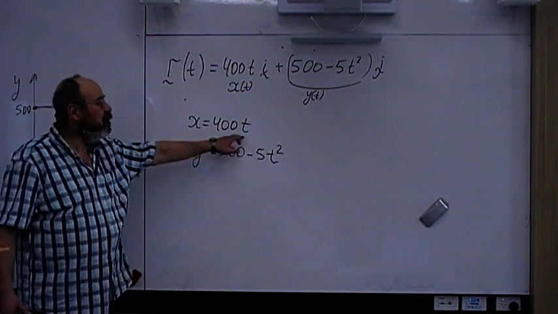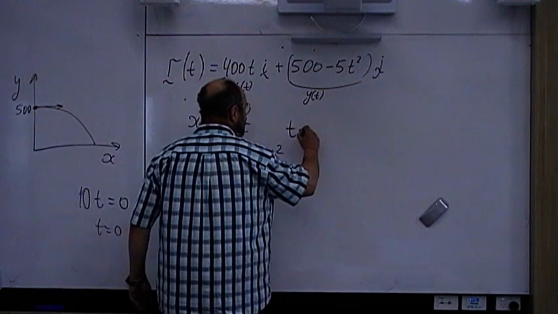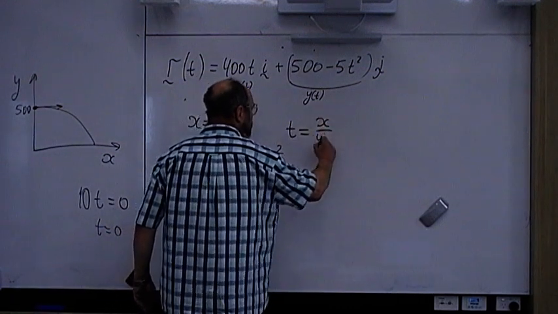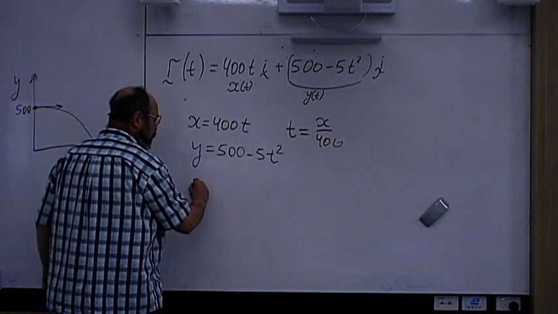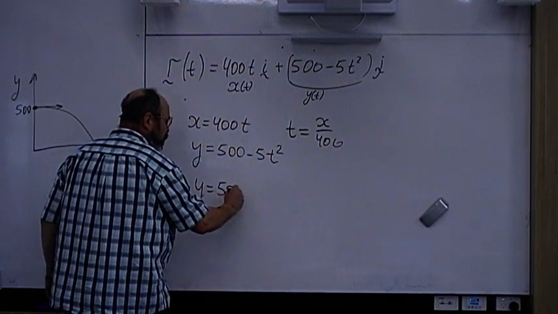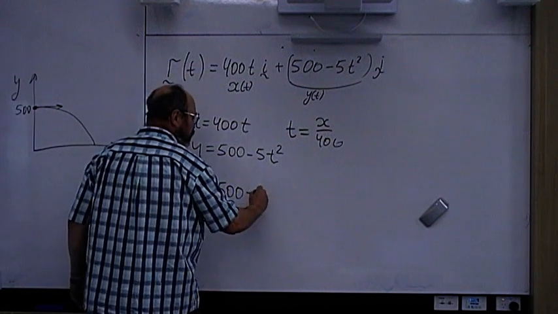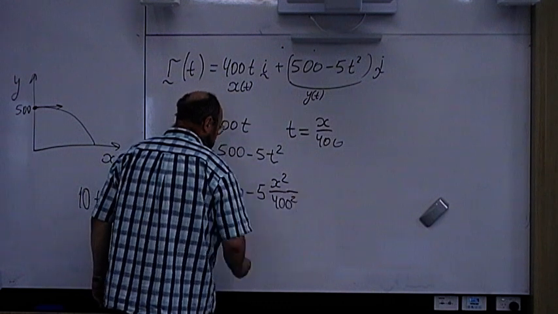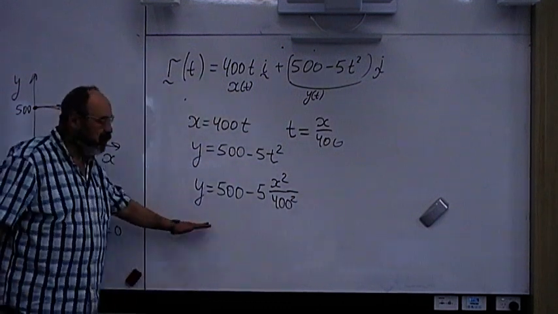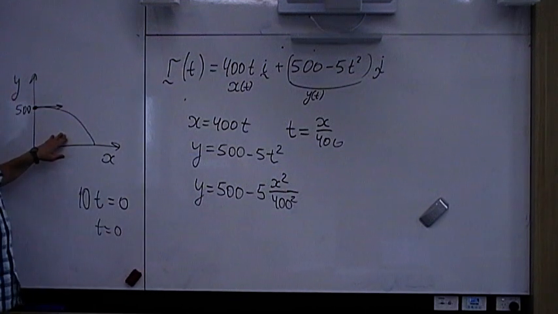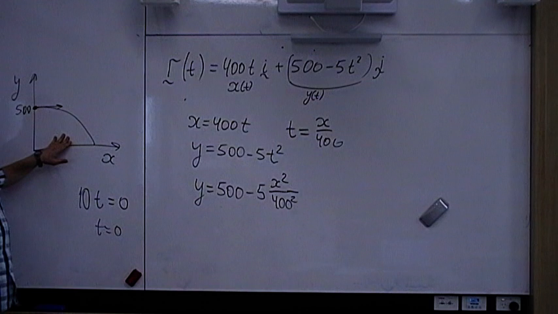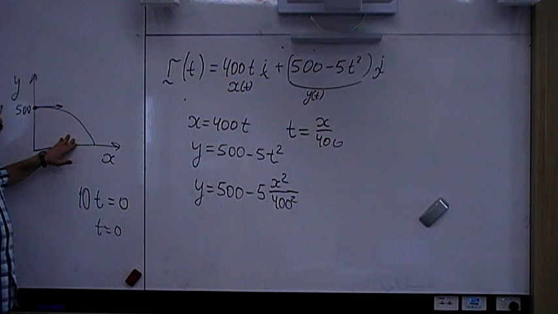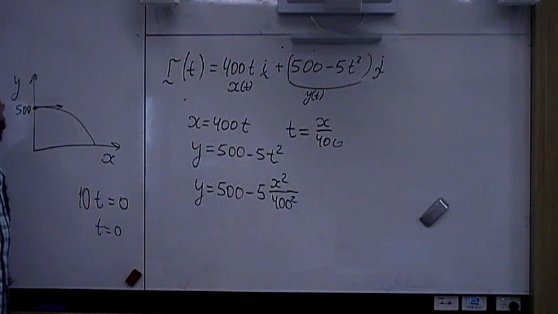We eliminate t: t equals x over 400, and we substitute it here, we get y equals 500 minus 5 times x squared over 400 squared, and that will be the equation of the parabola. So it will move in a parabolic path. Now we can of course simplify it. Make sense?